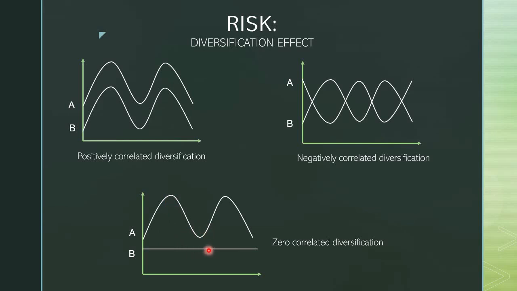At least we have return from stock B to offset the loss in stock A. Okay, but the best investment portfolio to have are those with negatively correlated diversification, where any loss in A will be offset by the gain in B.